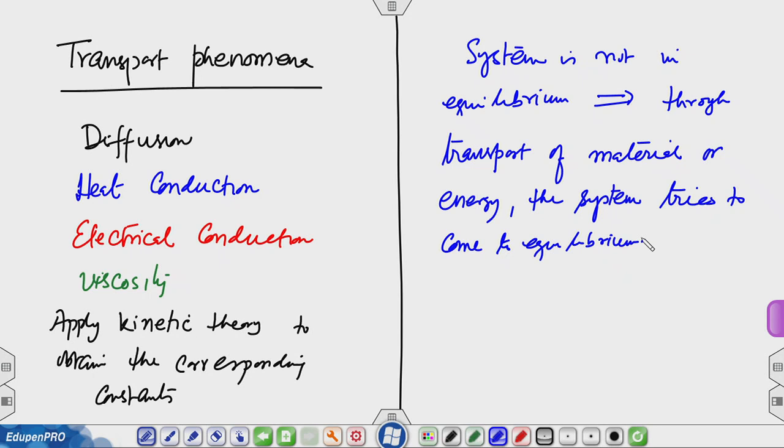And if by some external agency you maintain that condition of non-equilibrium, then the transport keeps taking place. And we are going to study transport in a steady state.